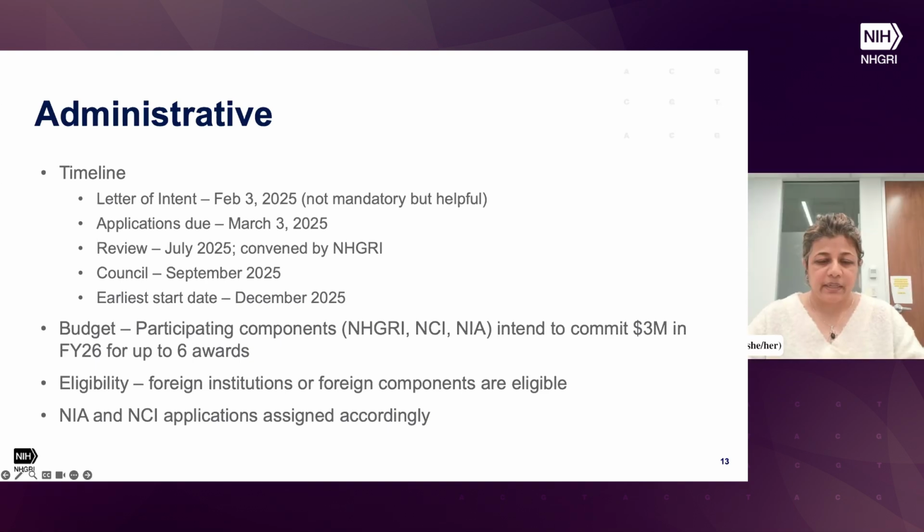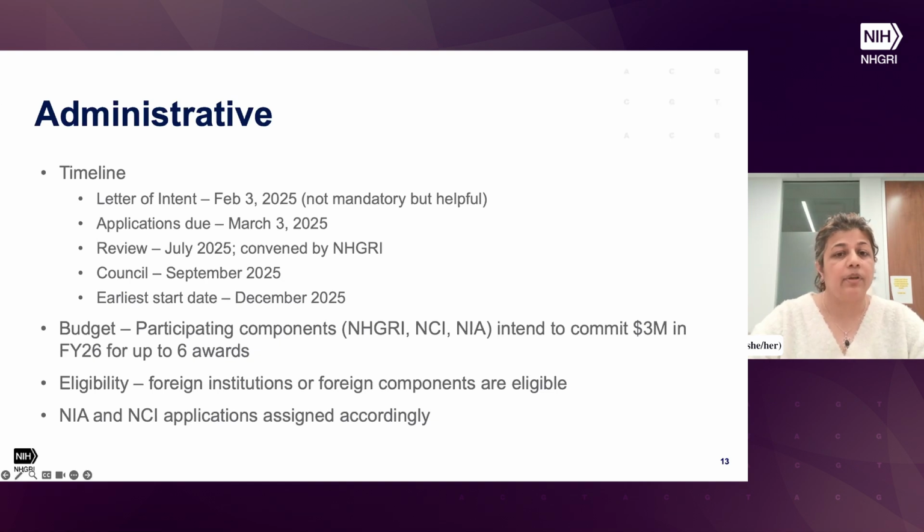Great, thank you, Ian. So I will take us through some administrative items. So for the timeline, letters of intent are due February 3rd. This is not mandatory, but it is helpful. It allows IC staff to estimate the potential review workload and to plan the review.